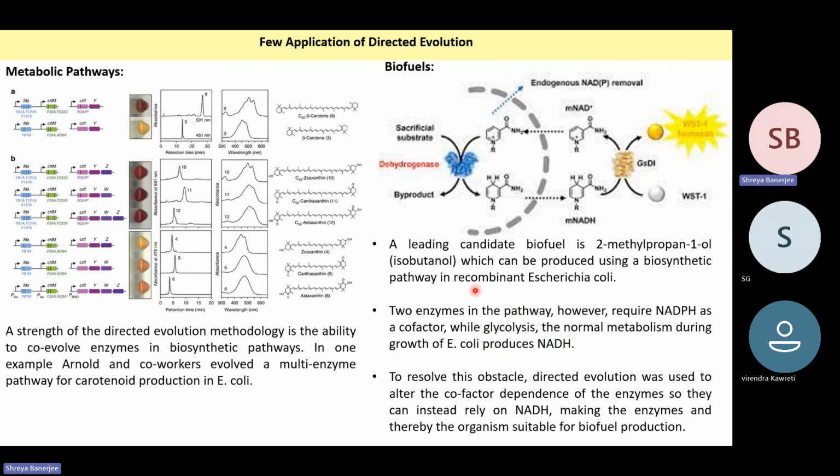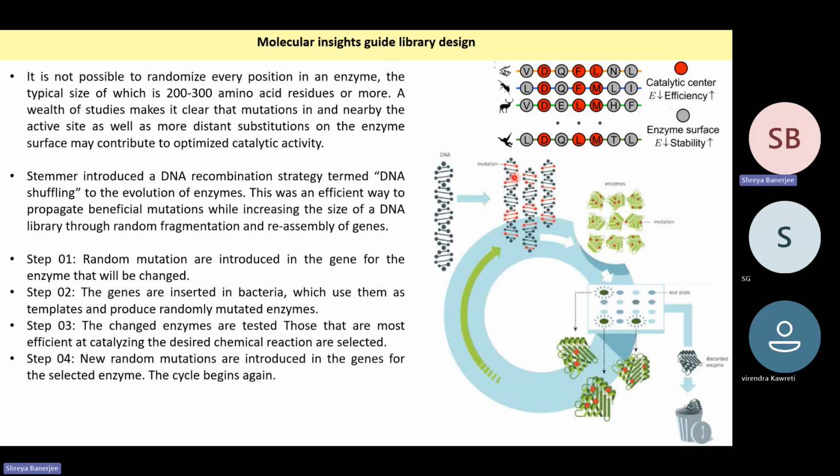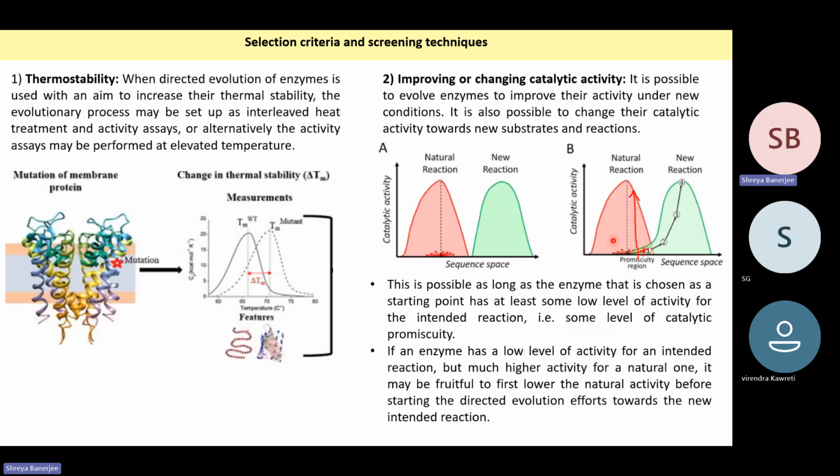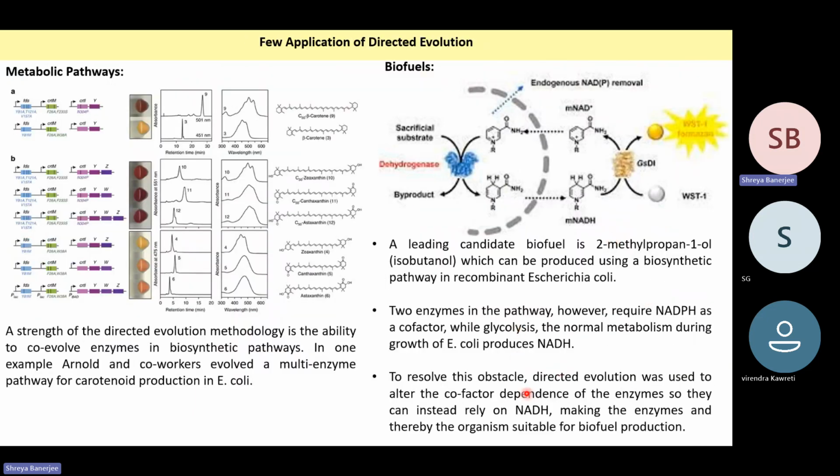So by directing the evolution of these enzymes by DNA shuffling, mutations were slowly made in the DNA so that the new mutated enzyme produced depends on NADH.